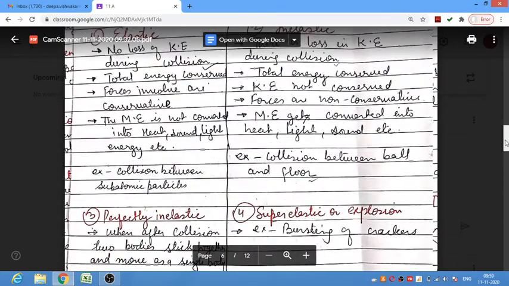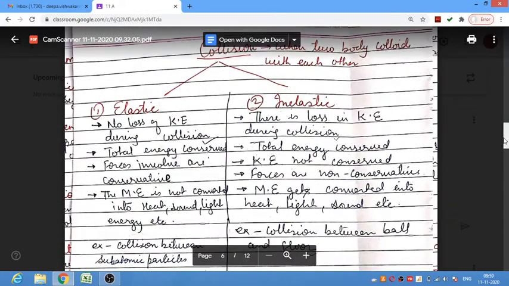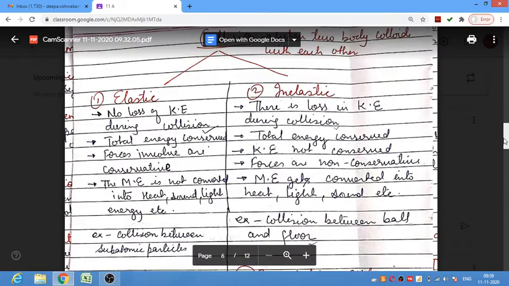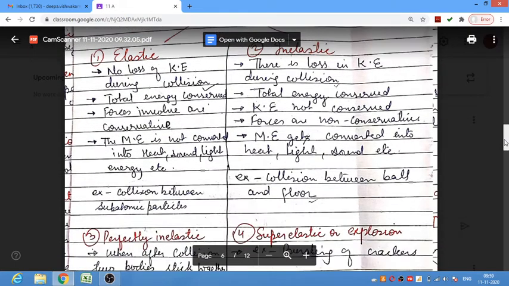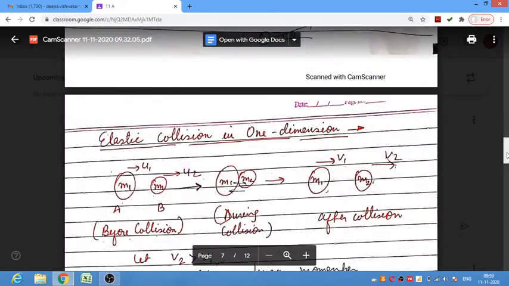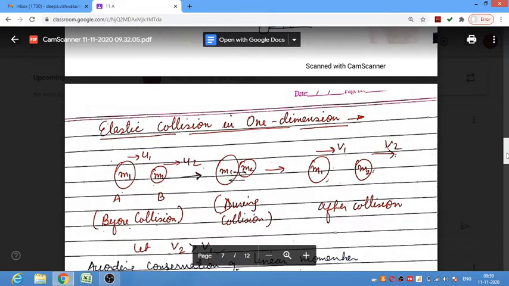So these are the types of collision. Basically in this chapter we have to study the elastic and inelastic collision. Now we will do the derivation of the elastic collision in one dimension.